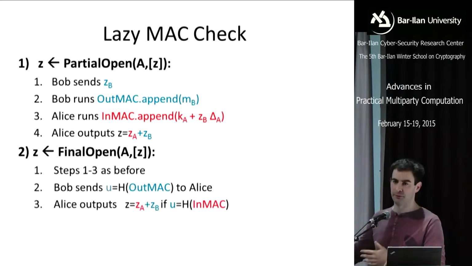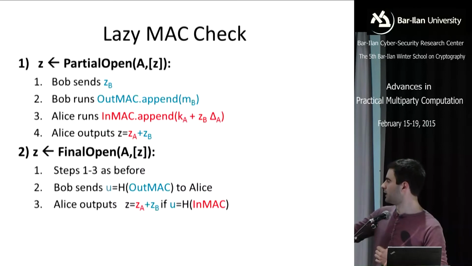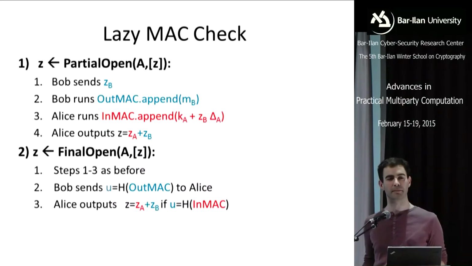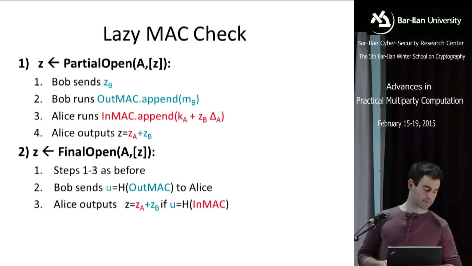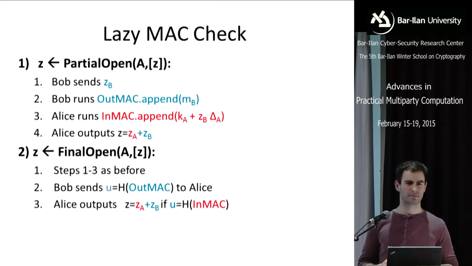You can do this if you believe in the random oracle. Bob can simply send a hash of this long string to Alice, and now she can just check that these two strings are the same, right? Collision resistant hash, maximum. I think we need to extract them also at some point.